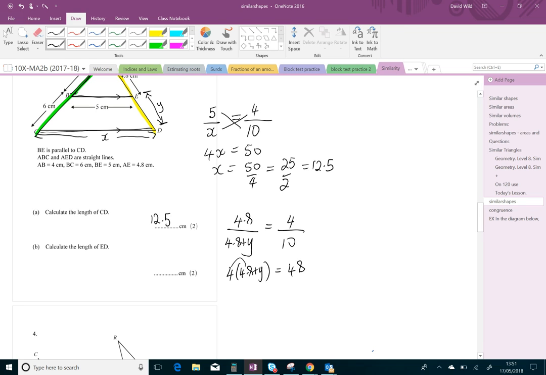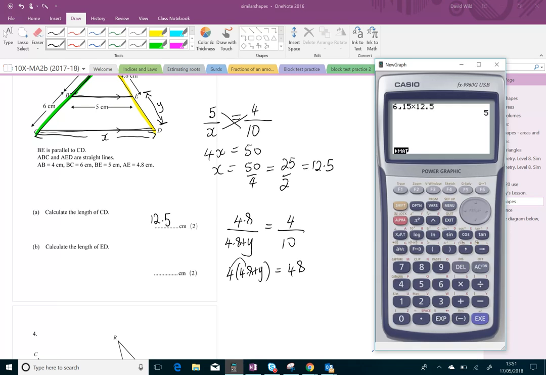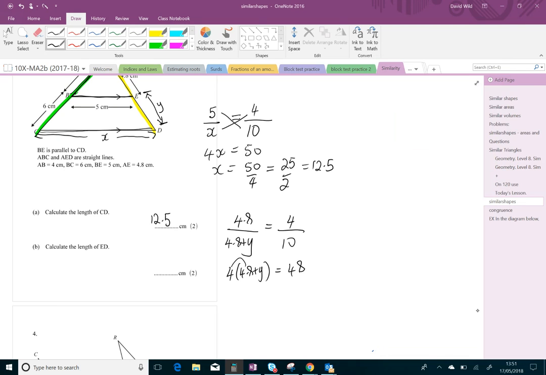Multiply out 4 times 4.8, let's just quickly do that. 4 times 4.8 is 19.2, plus 4y is 48. So 4y is 48 minus 19.2.